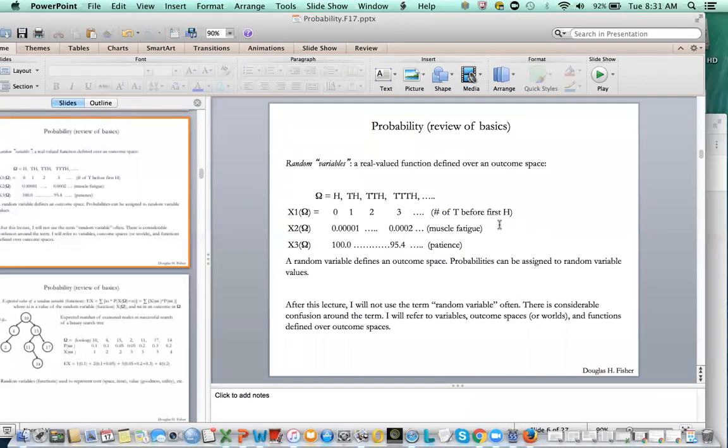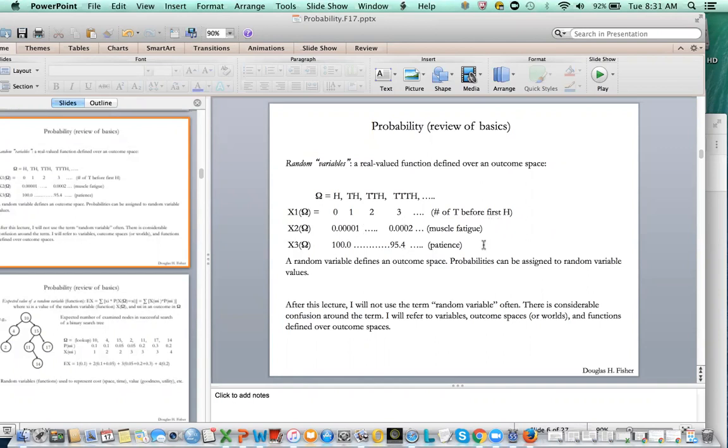Another random variable or function that we could define over that outcome space is the estimated muscle fatigue of doing that many flips. This is just another example of what a random variable might look like, or a function defined over the outcome space.